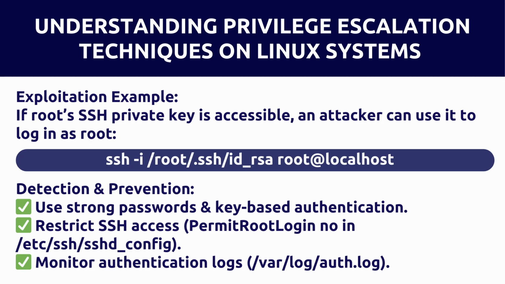Exploitation example: if the root SSH private key is accessible, an attacker can log in as root, which is ssh -i /root/.ssh/id_rsa root@localhost. How do we detect and prevent this?